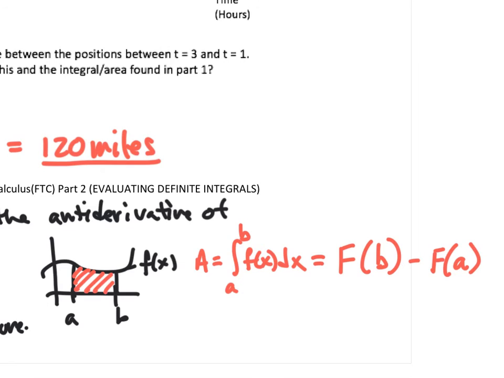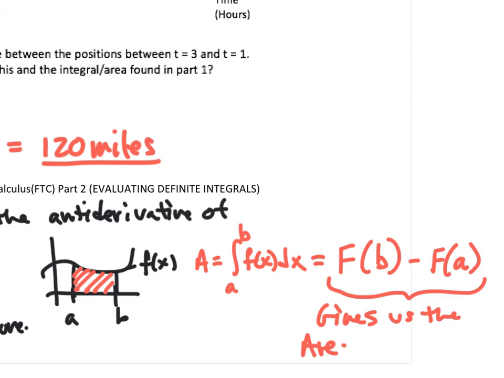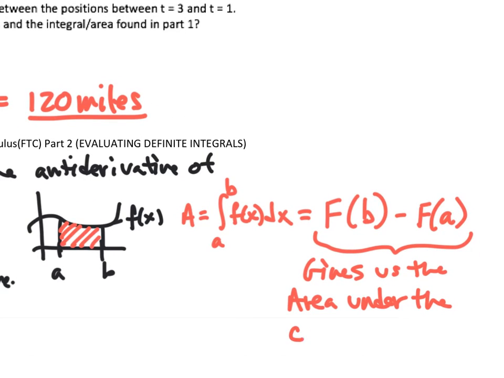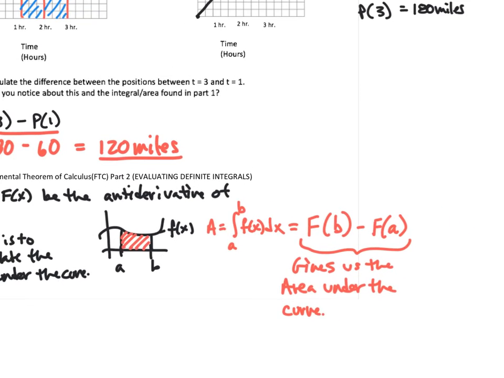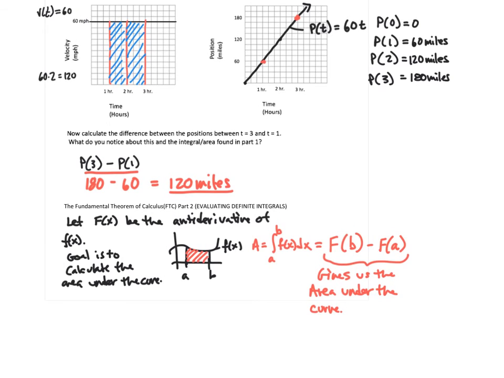And this part right here gives us the area under the curve. It's really not that terrible, but it's kind of hard to know why it happens. This is something you do need to memorize.